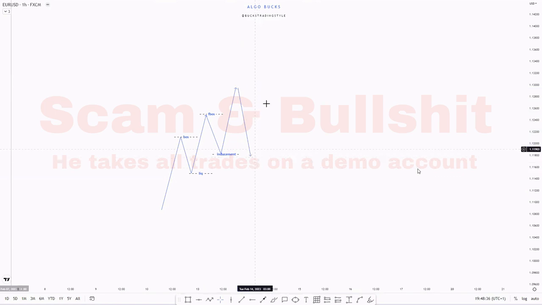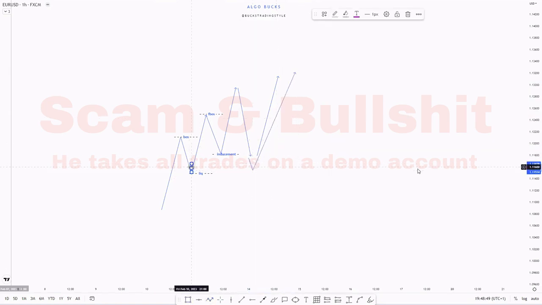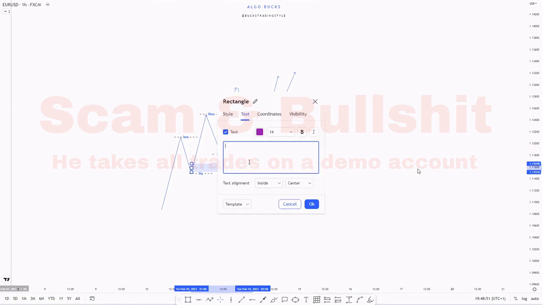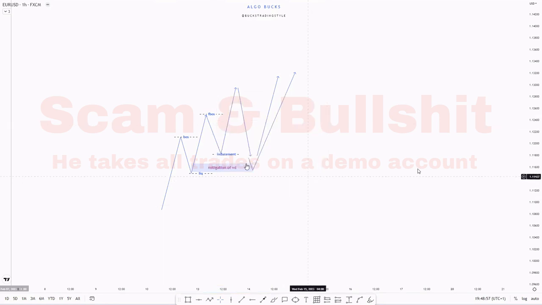Price can reverse immediately to the upside, or price can come back down, deeper, to mitigate our valid demand zone right here. So this is mitigation of valid demand. After mitigation, for the algo cycle to be complete, we want to see price take out this high.